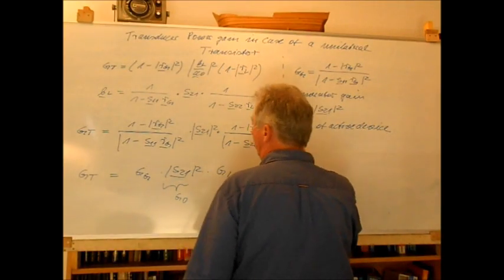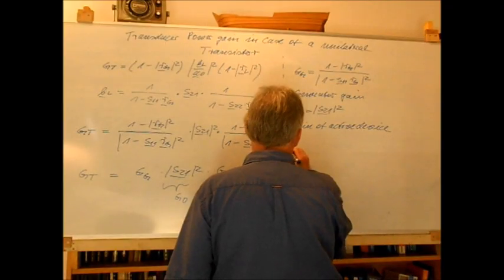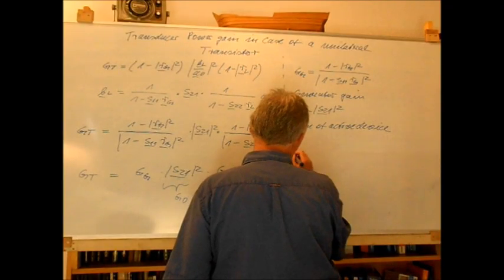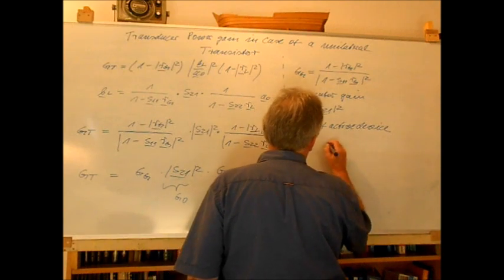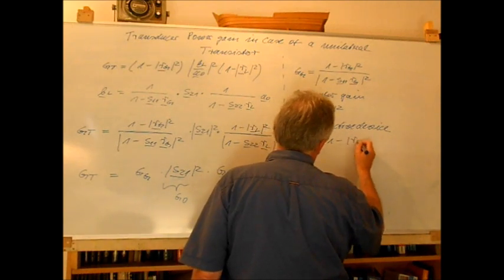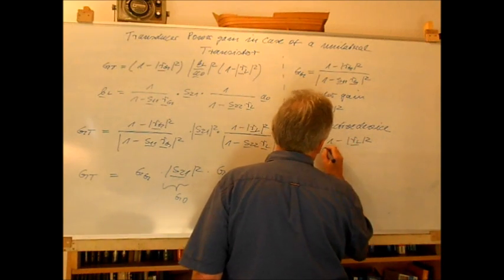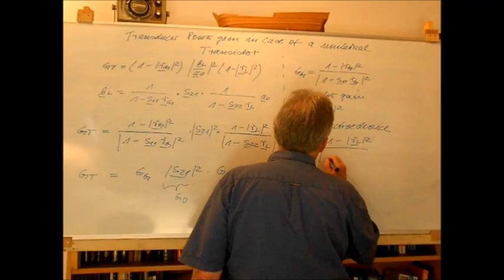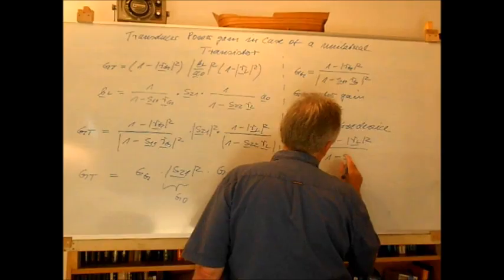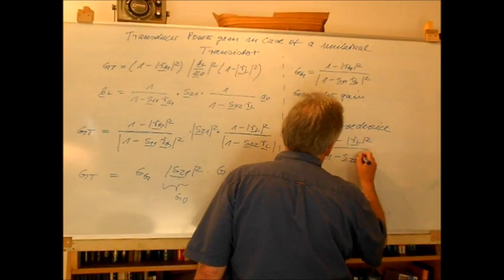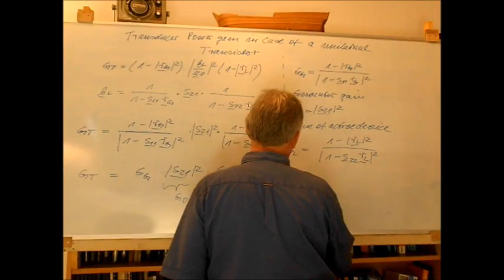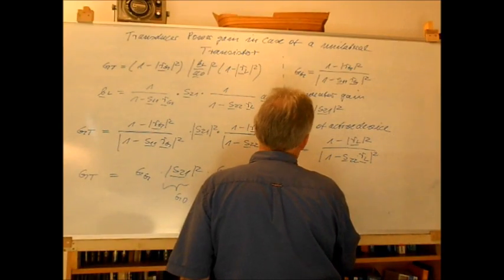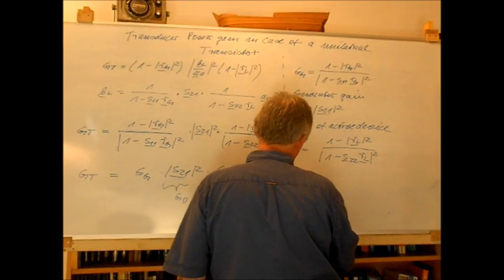And we can further on define the gain of the load, which is 1 minus RL absolute value squared divided by 1 minus S22 times RL absolute value squared, and this is called the load gain.